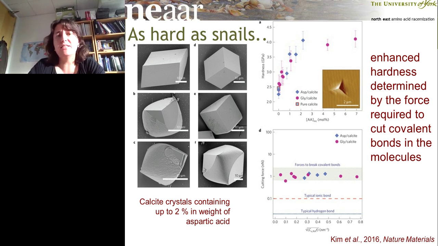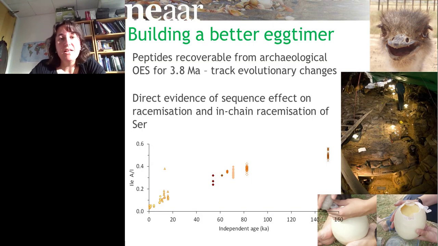So this has taken us into some really interesting worlds that I hadn't anticipated. So this egg timer project, we were able to recover peptides from archaeological eggshell back to 3.8 million years. And why that's important outside of this study is that because peptides contain evolutionary information, because they change over time, that means we can track evolutionary changes in this type of material over those lengths of time.